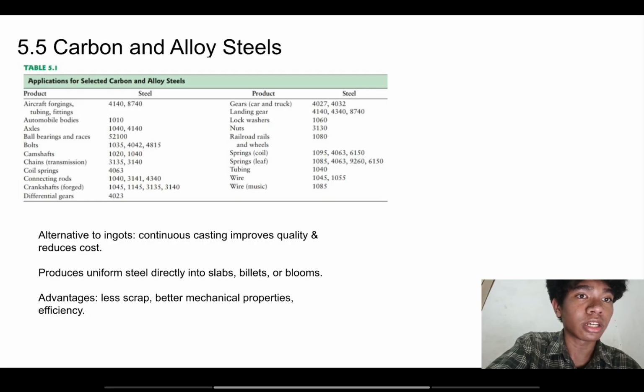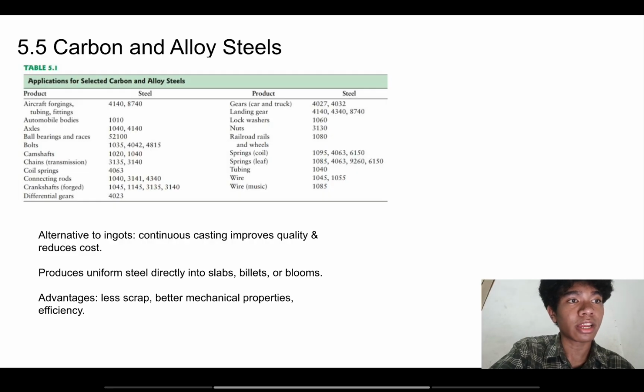So there are a lot of kinds of steel for a lot of kinds of products, so you can choose the most suitable one for what is needed. The advantages are really various, like I said at first, every steel has its own mechanical properties.